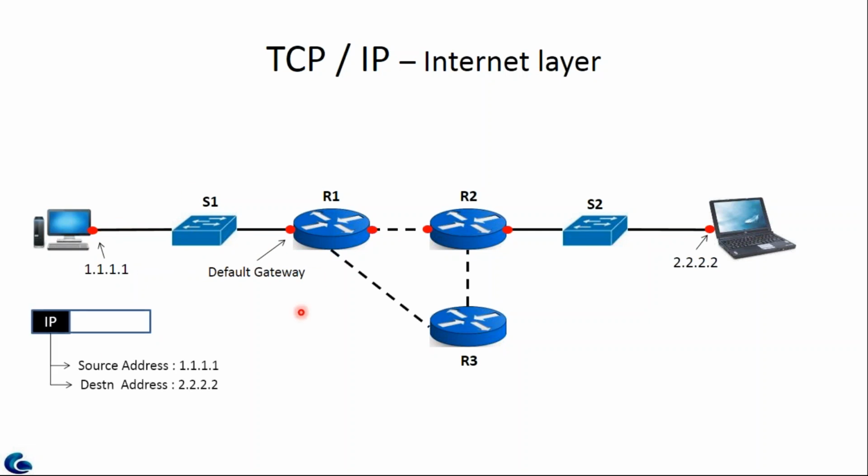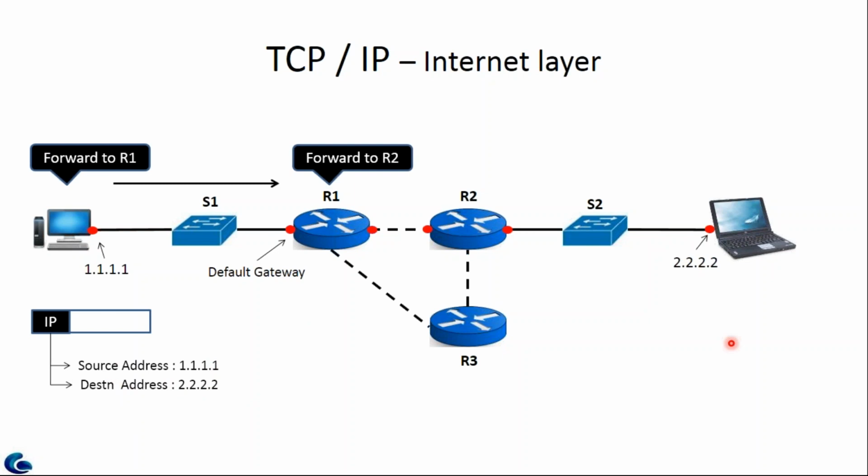So as a result, what happens, it constructs a packet saying that source address is 1.1.1.1, destination address is 2.2.2.2. So this says forward it to R1. That's what the default gateway is all about. And when it reaches R1, R1 looks into the IP address and says, oh, the destination is 2.2.2.2, right? Let me hand over to my next hop, which is R2.